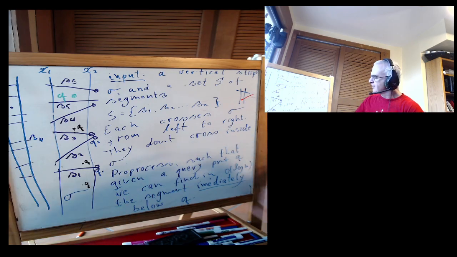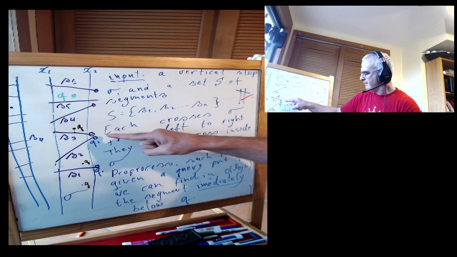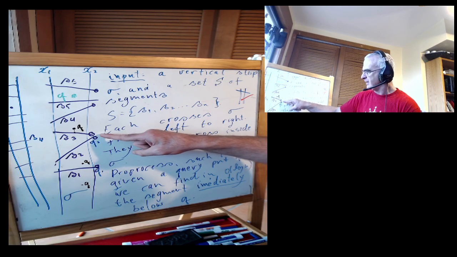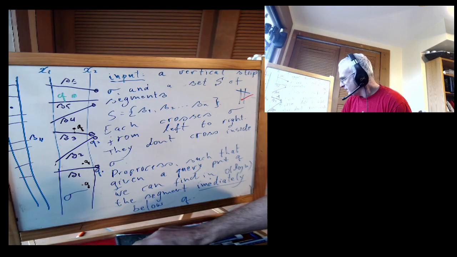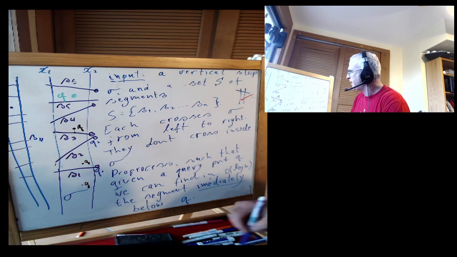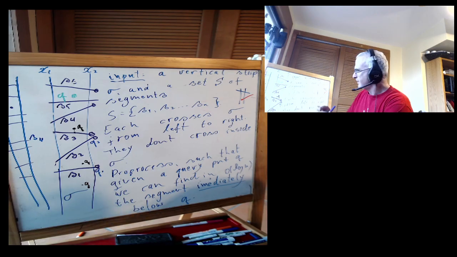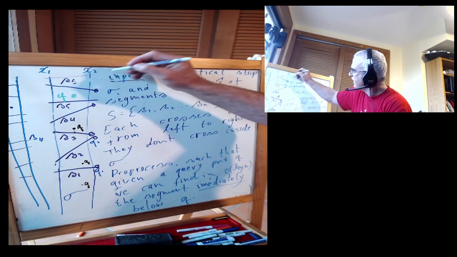Okay, so I'm asking, for example, if S3 is my median segment, let's have S7 here, so I'll have an odd number.